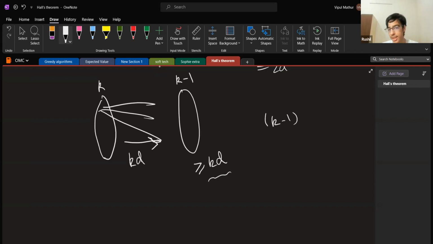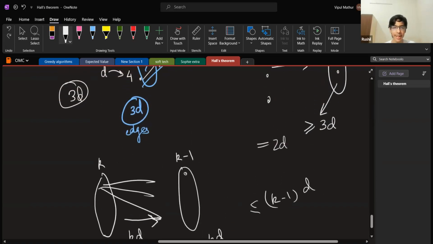But there should be only k minus 1 times d edges coming their way because each one was supposed to receive exactly d things. So we have basically shown that k minus 1 is at least k, which is kind of sad. So yeah, that is the proof.